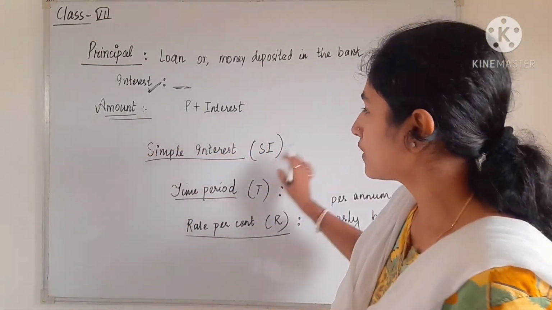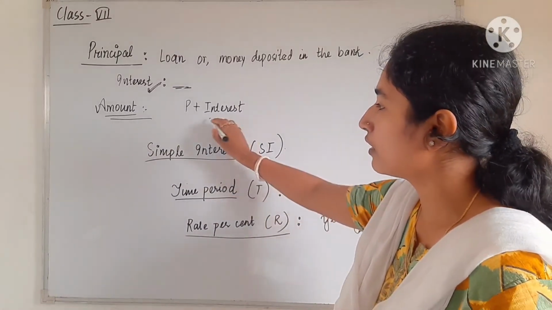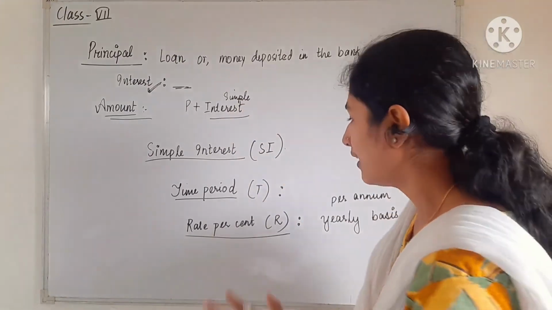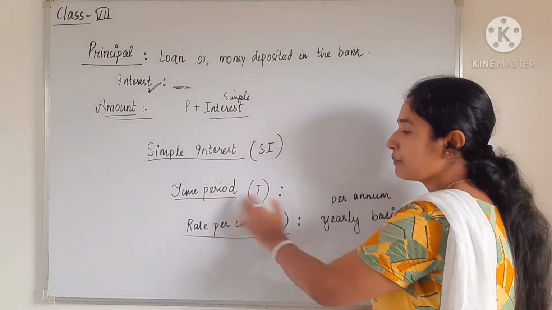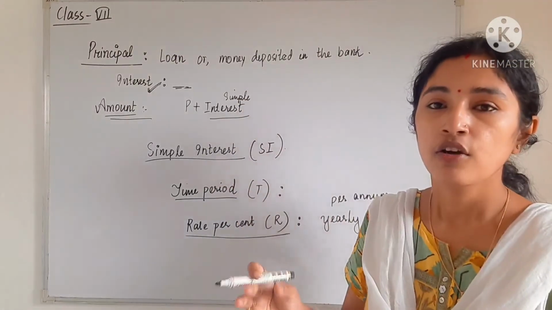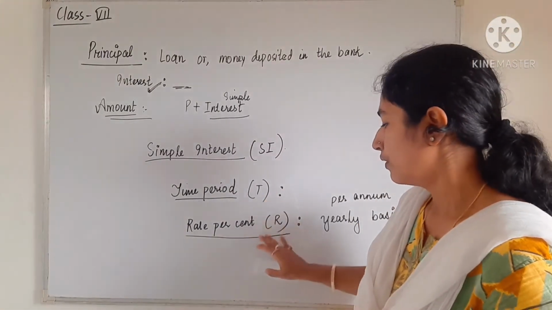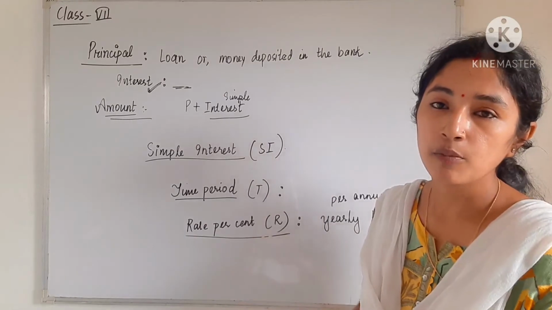Next we are studying about simple interest here. Under simple interest we have to know the time period, that is, for how much time we are depositing the money in the bank. And next is rate. Rate will depend upon the money.